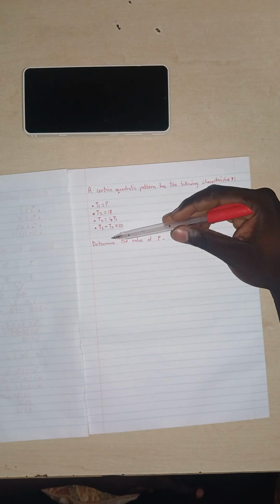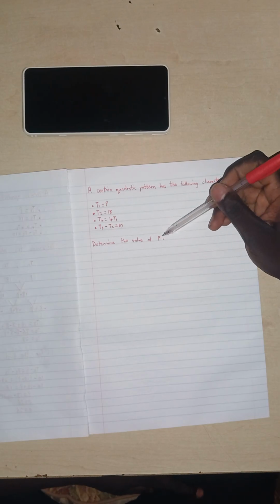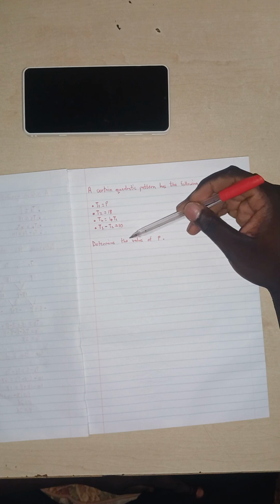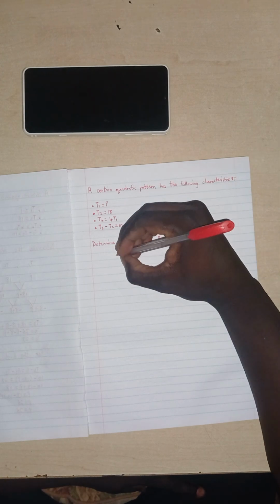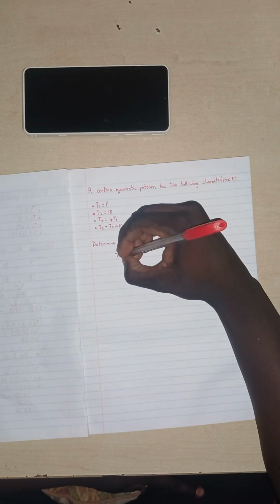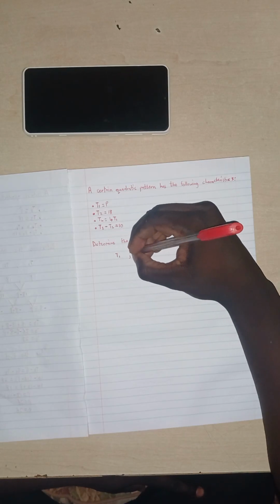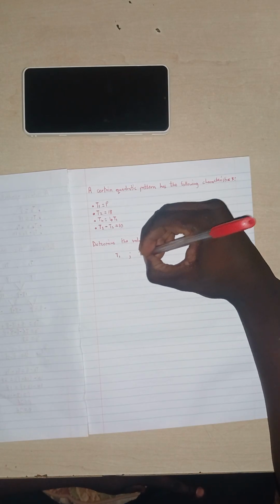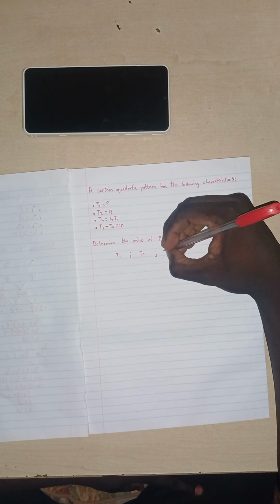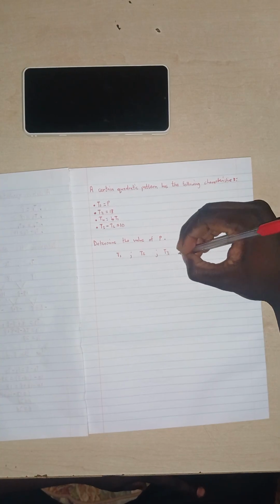Our goal is to get the value of P, as the question says, determine the value of P. So what we will do, we'll first collect the data. We have term number 1, term number 2, term number 3, term number 4, and so on.